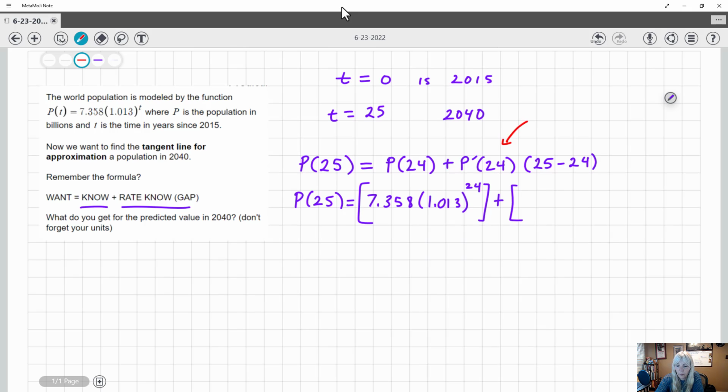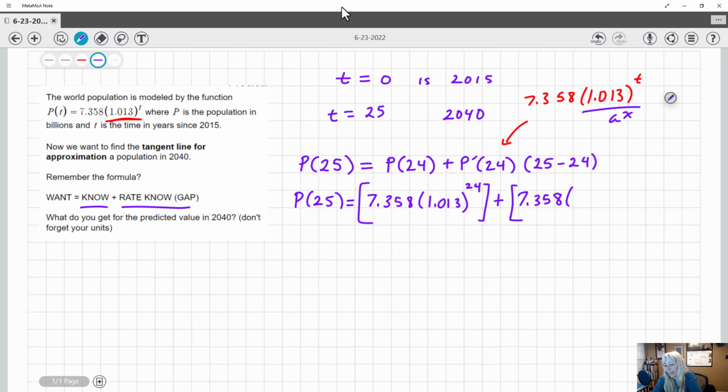So the derivative of this function, this piece right here: 7.358 times 1.013 to the t power. This piece right here is a to the x. So this is why you will see me write the 7.358 just out front.